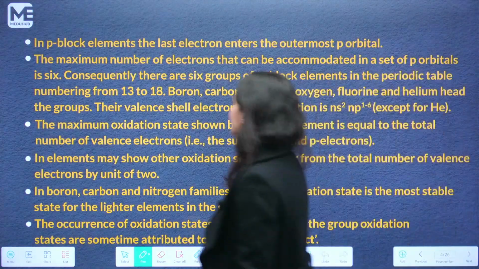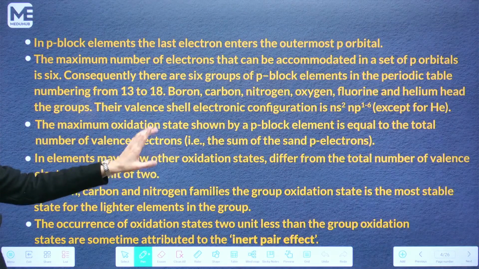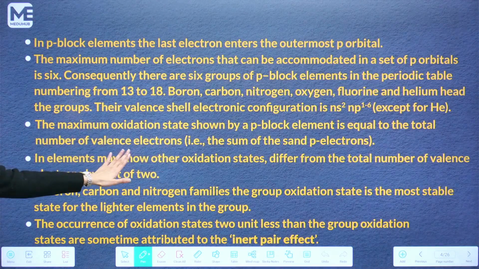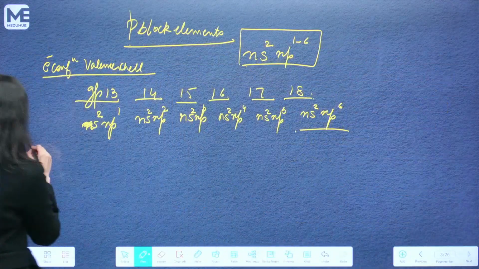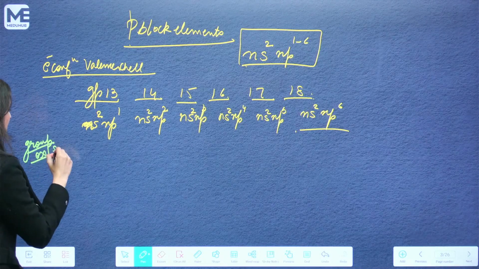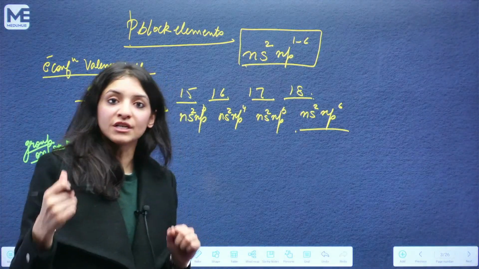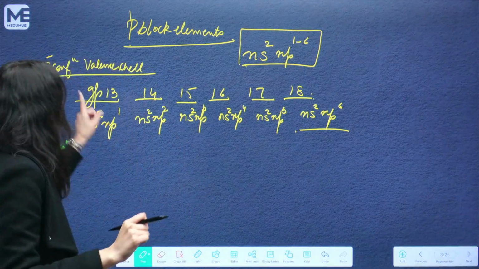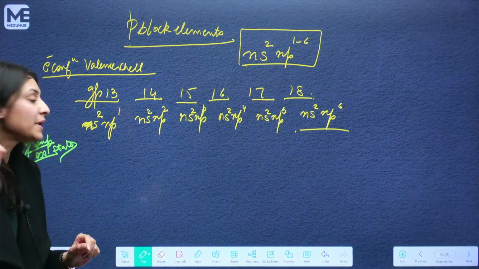Now, the maximum oxidation state shown by a P block element is equal to the total number of valence electrons. So this is called the group oxidation state. What is the group oxidation state of P block elements? It means that it is the most common oxidation state exhibited by that group. How is it calculated? You add up the number of s and p electrons.